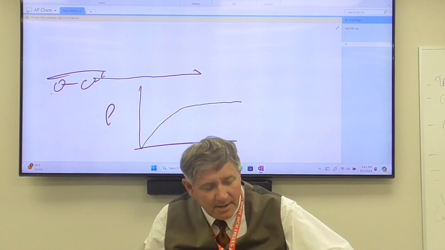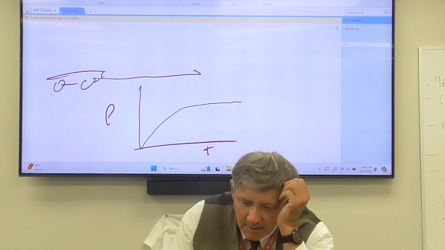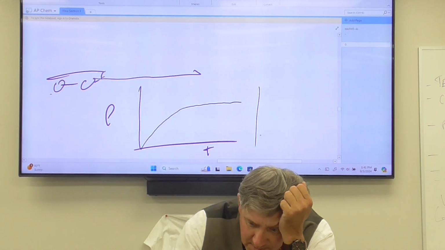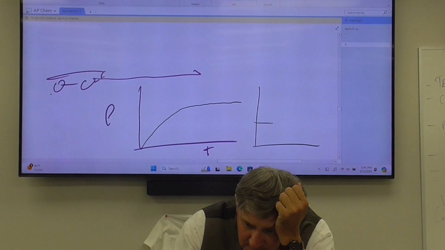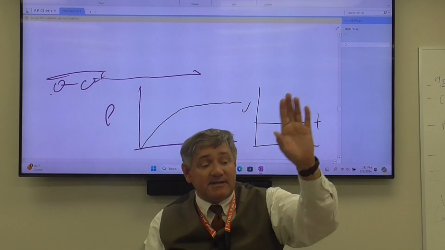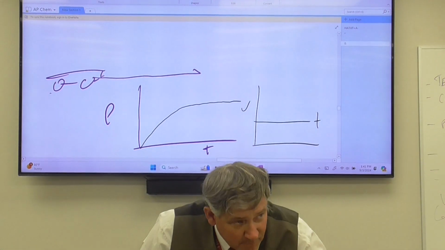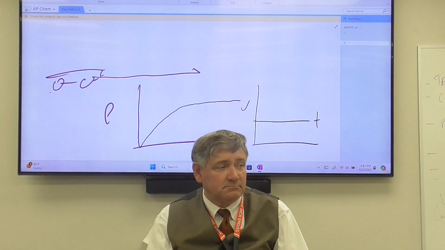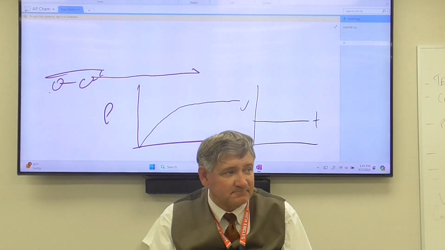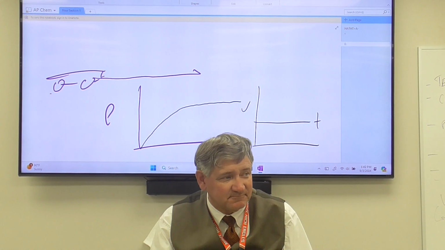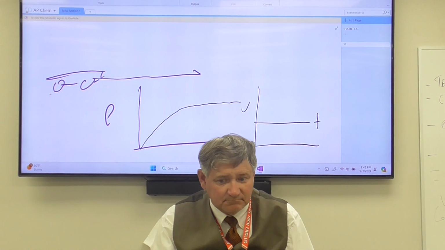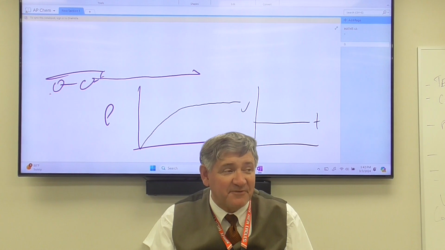Okay? Now, what would the velocity time graph look like, keeping in mind it's already moving? Chuck: It would slow down. That's a little vague.